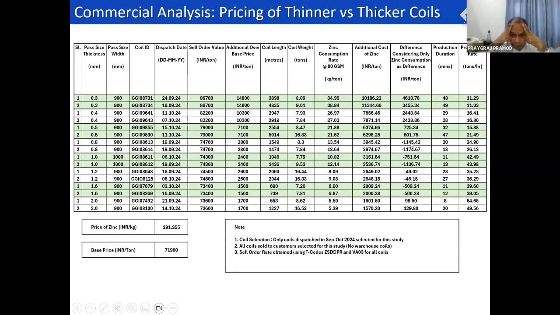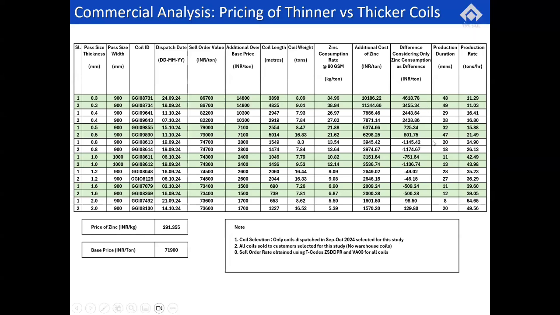Just a second. So do I understand that what your study says here is 0.5 900 and 0.4 900 are giving us positive realization, rather than 0.8 900 wherein we are losing 1100 rupees per ton in zinc coil? Yes. From this data, please understand, this is only around 15 to 20 coils of data.